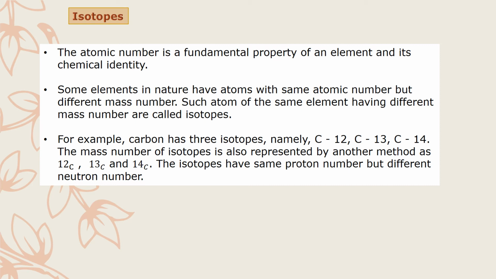For example, carbon has 3 isotopes, that is carbon 12, carbon 13, carbon 14. The mass number of isotopes is also represented by another method, that is carbon-12, carbon-13 and carbon-14. So the isotopes have the same proton number but different neutron number.